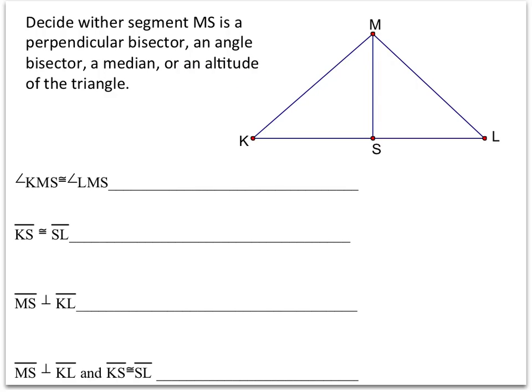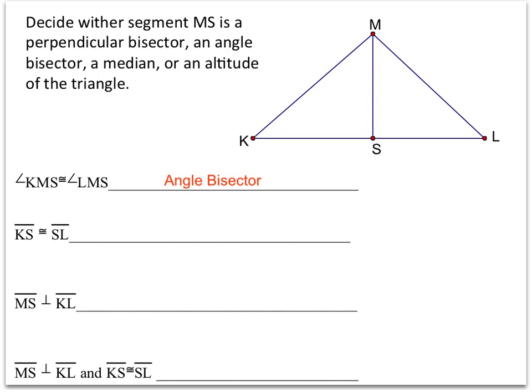So what we have here is that angle KMS, this angle here, is congruent to angle LMS, this angle here. If you have congruent angles, so this angle and this angle are the same, then MS is an angle bisector. An angle bisector splits the larger angle into two congruent angles.